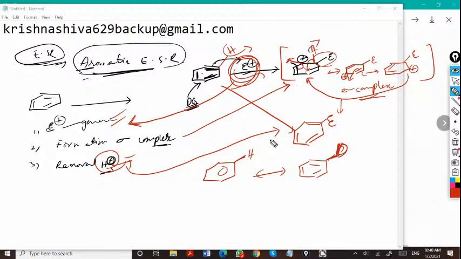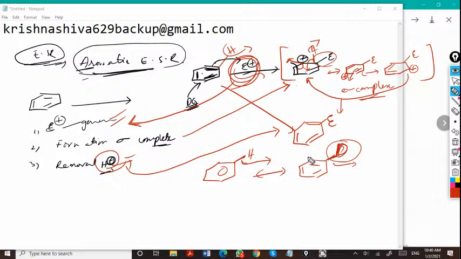So when the reaction depends on carbon-hydrogen bond breakage, the reaction becomes slower by the replacement with deuterium.